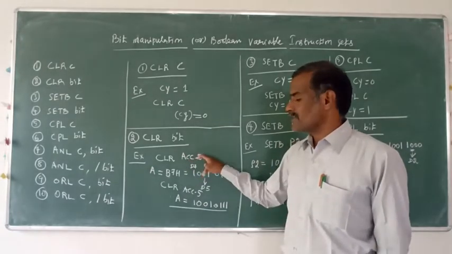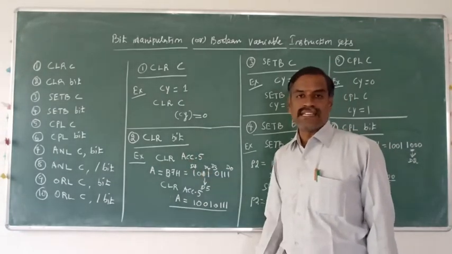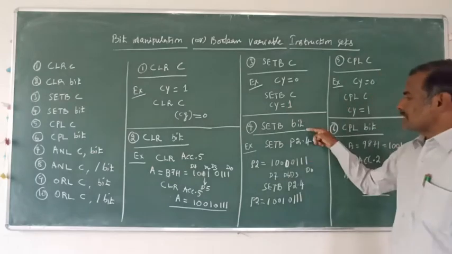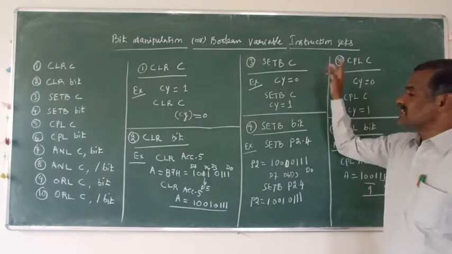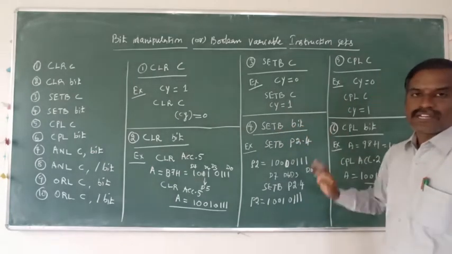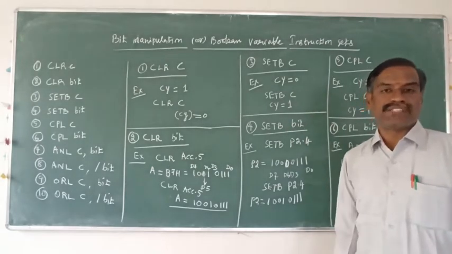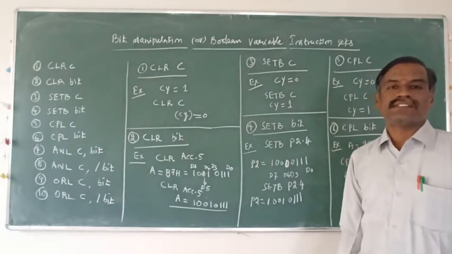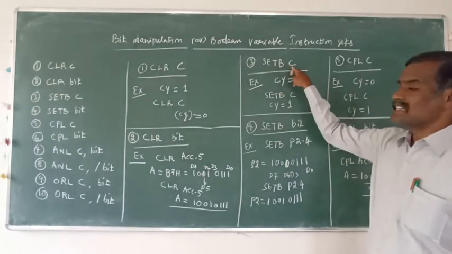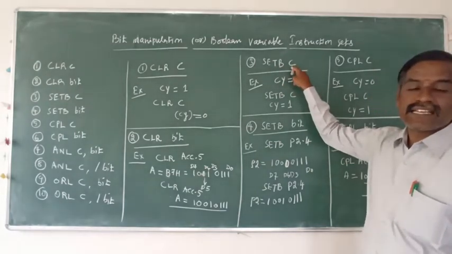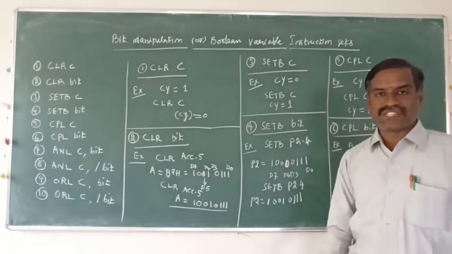Suppose accumulator 5th bit position to clear. And these 2 instructions are for SETB C and SETB that particular bit. These 2 are to set that particular bit to one condition. Here SETB C means to set the carry status to one condition.